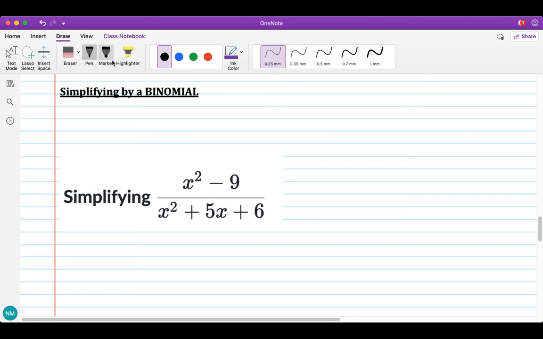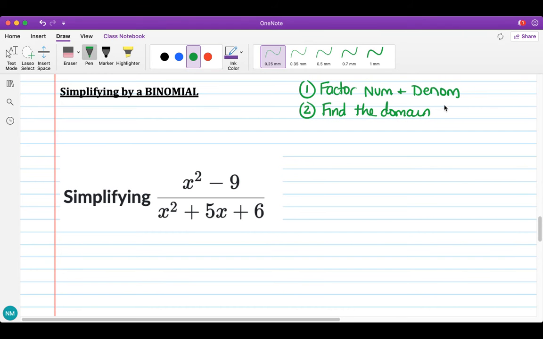So again, just a recap. Step one was to factor the numerator and denominator. Two was to find the domain by setting the denominator not equal to 0.